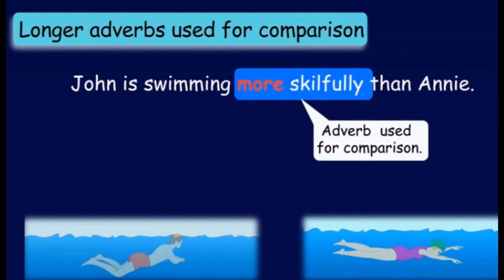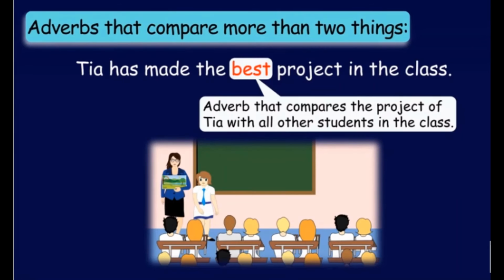John is swimming more skillfully than Annie. So we are not using er, we are using more in front of the adverb. More skillfully. Comparison between two. John is swimming more skillfully than Annie. Tia made the best project in the class.